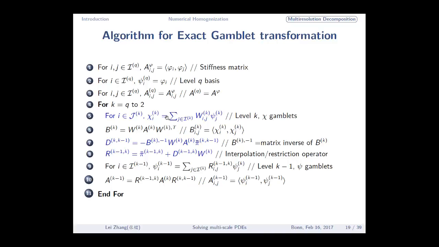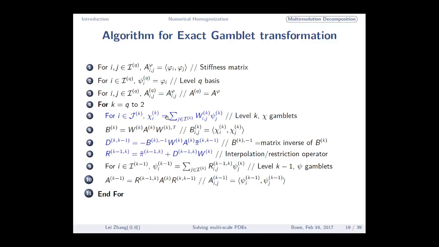Once we have this chi, we find what the basis on the k minus 1 level is, and this is solved by the orthogonality. Basically, you have this Bk, the stiffness matrix for the Gamblet on the kth level, and it involves this calculation, that's the main solve.